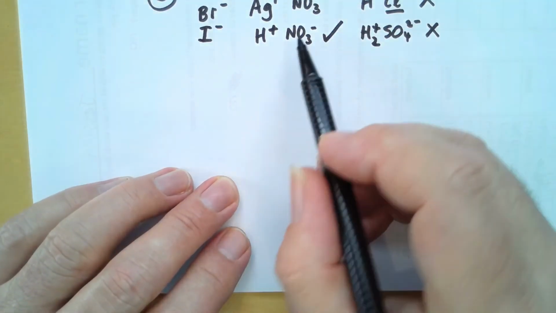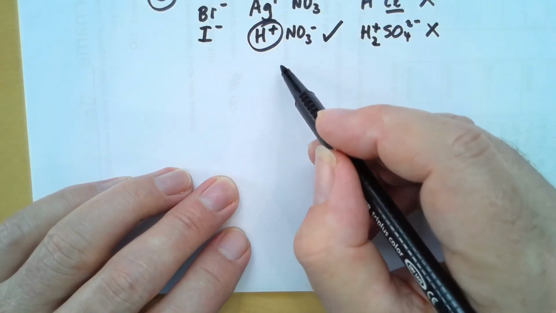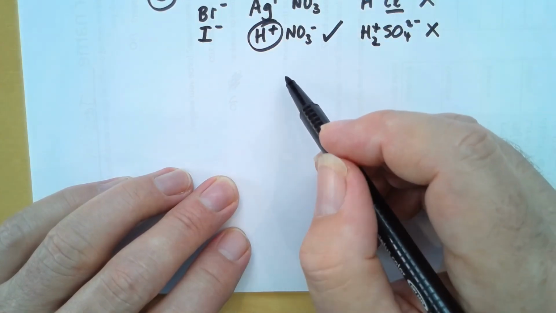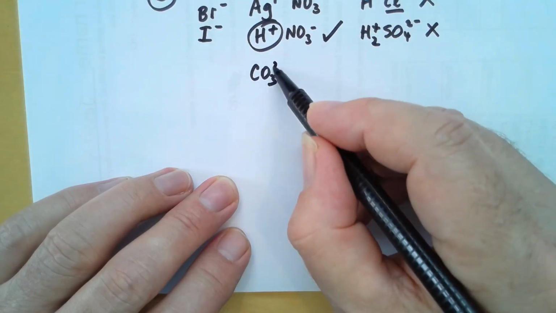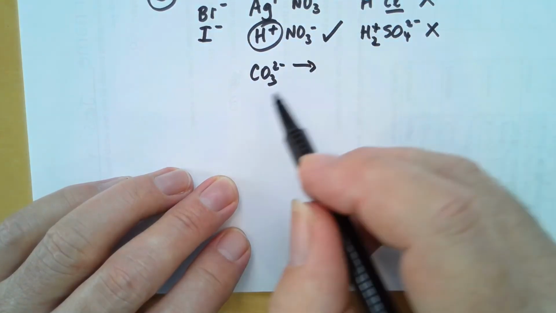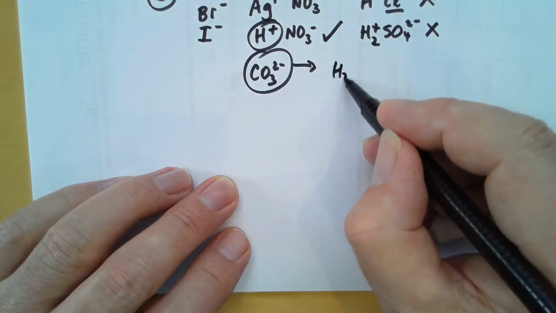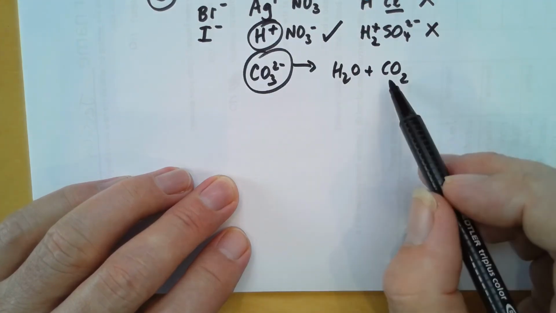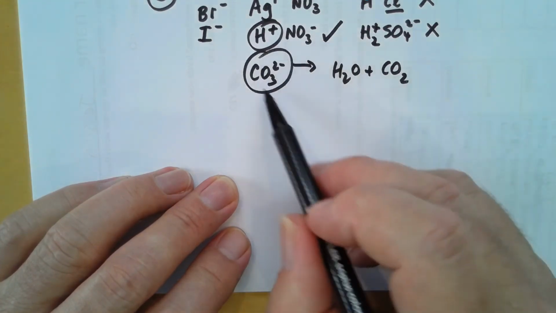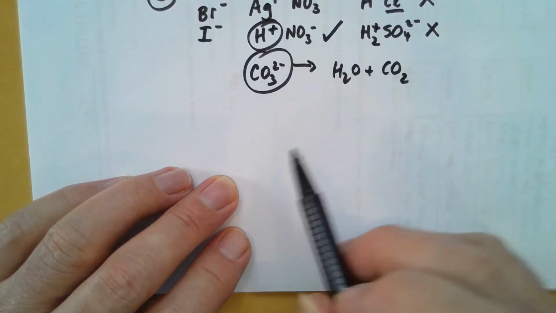Why do we use it? Well, we want to use this acid to get rid of any things like carbonate ions, which might be around. The acid would react with the carbonate to give us H2O and CO2, but no precipitate. So this acid gets rid of any carbonates that might be present, doesn't precipitate anything out.